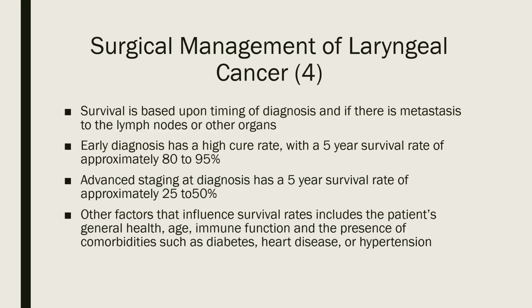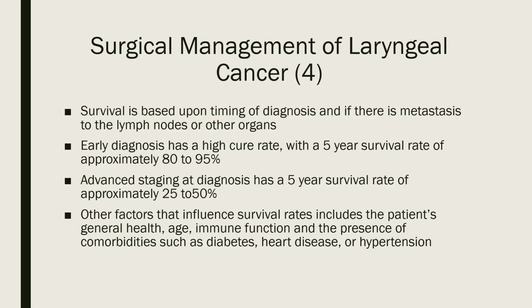Survival is based upon timing of diagnosis and if there is metastasis to the lymph nodes or other organs. Early diagnosis has a high cure rate with a 5-year survival rate of approximately 80 to 95%. Advanced staging at diagnosis has a 5-year survival rate of approximately 25 to 50%.